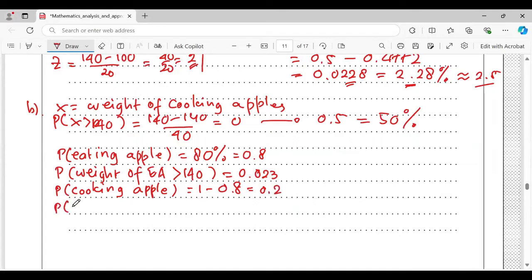And the probability of the weight of a cooking apple greater than 140 is 0.5.